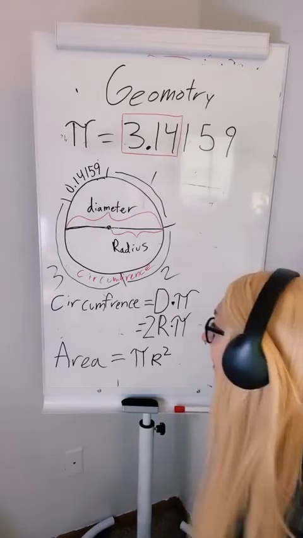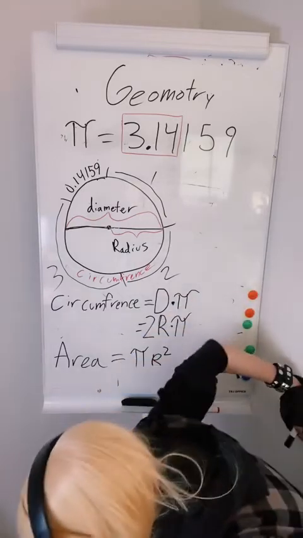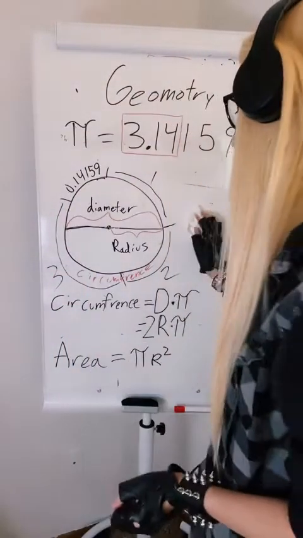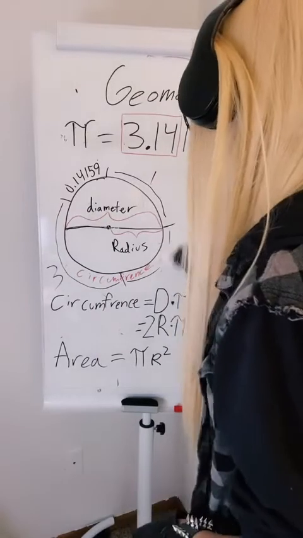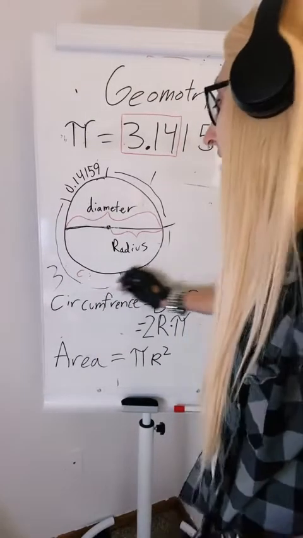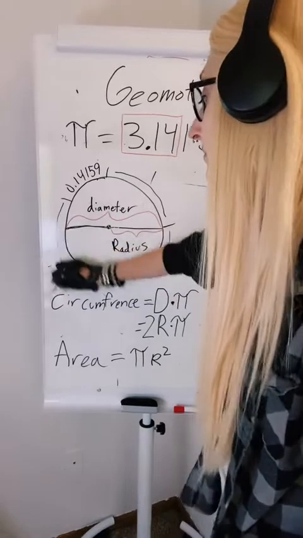The reason why it's pi r squared is the same reason for just kind of how we find an area in general.